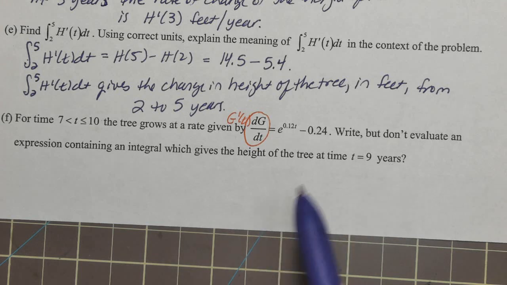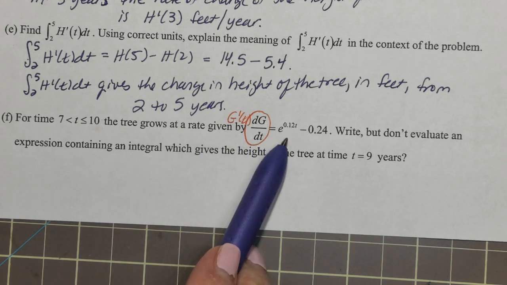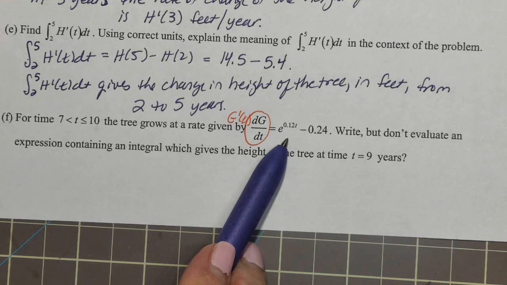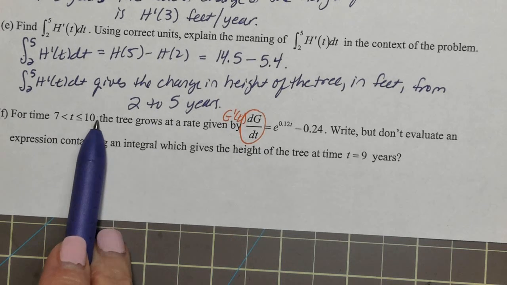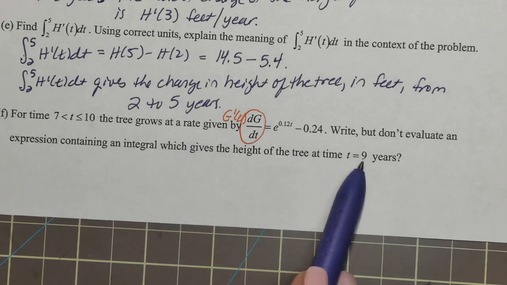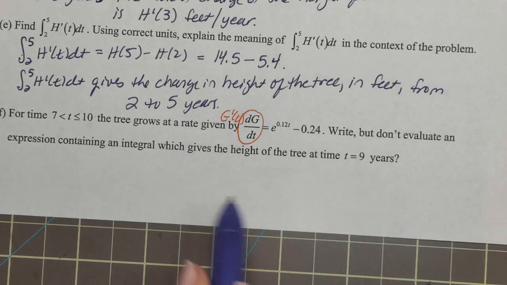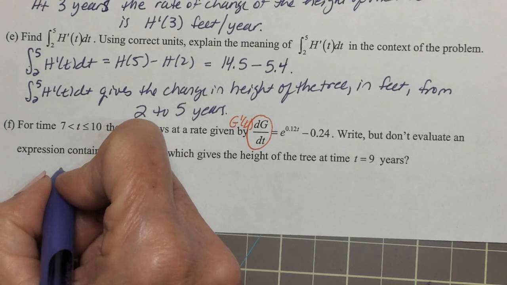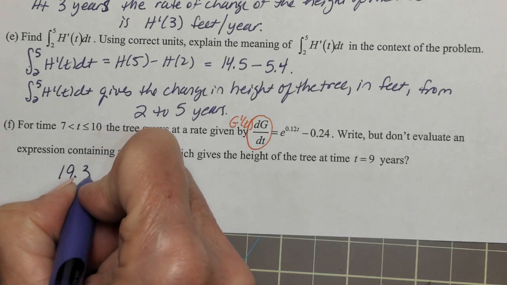So, we know the height of the tree at time 7 years. We know the rate of change of the height of the tree from 7 to 10 years. So we can use that to get the height of the tree at 9 years. H of 7 is 19.3.